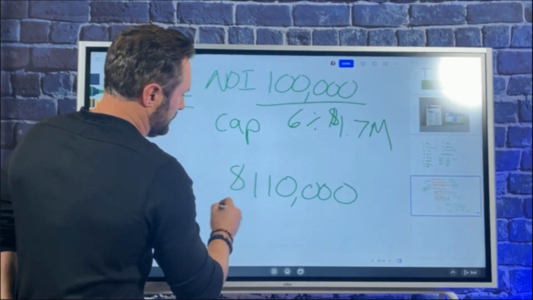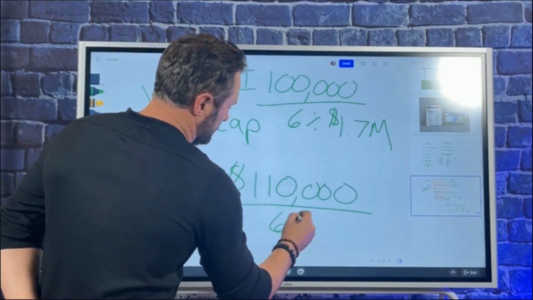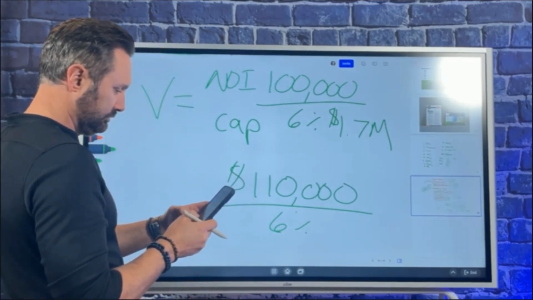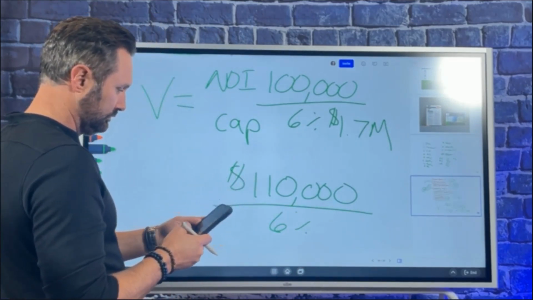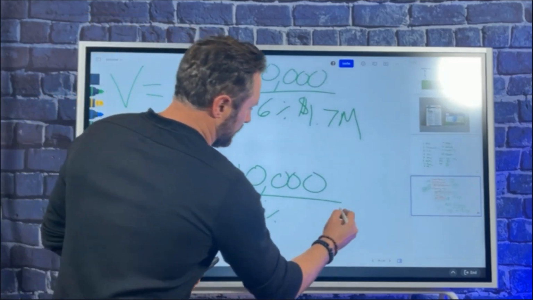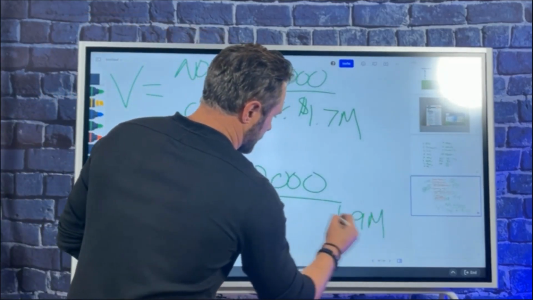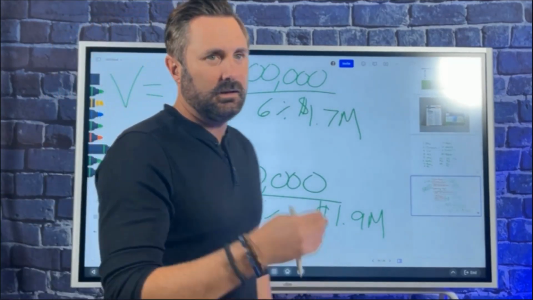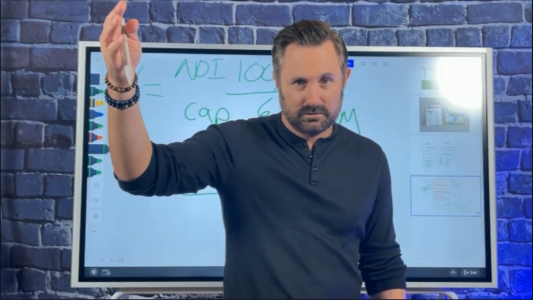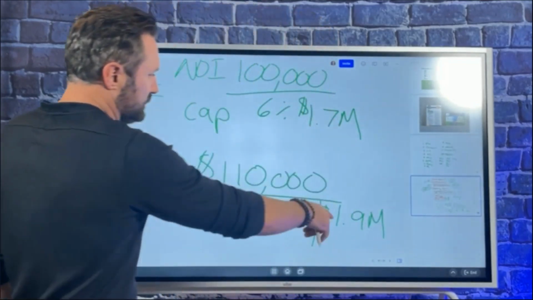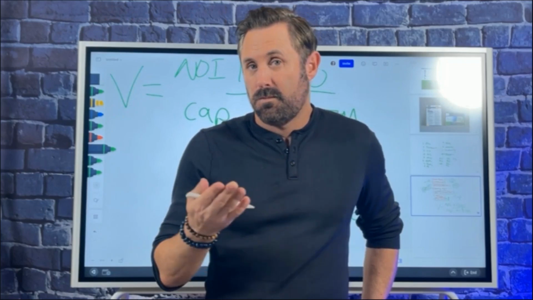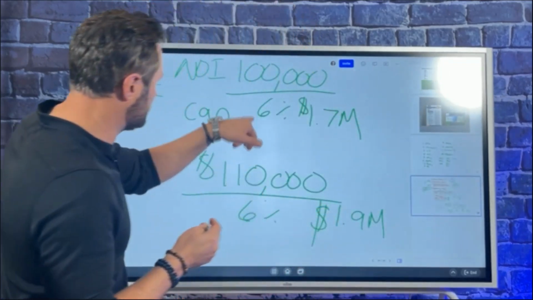Same cap rate. So literally, by increasing 10%, I just put $200,000 in my pocket. That's less than $1,000 a month.